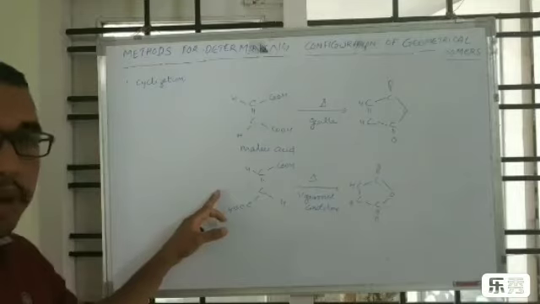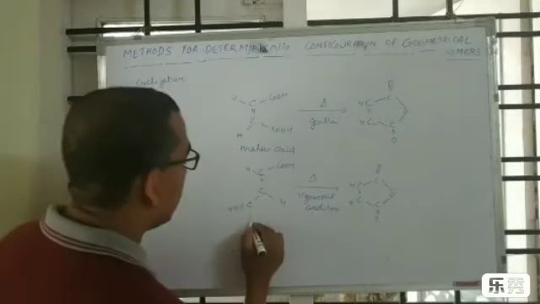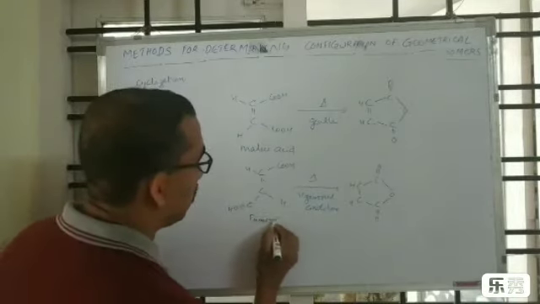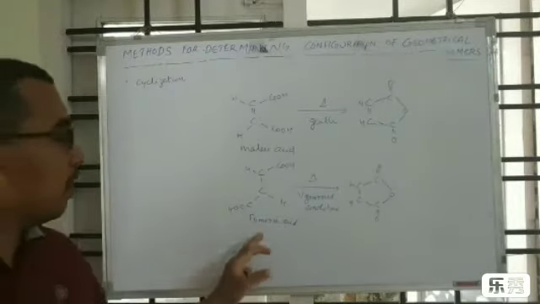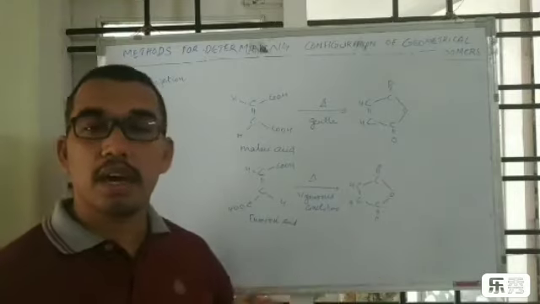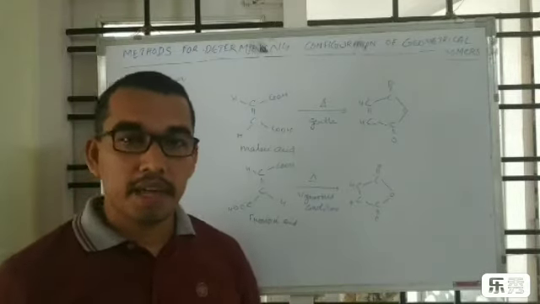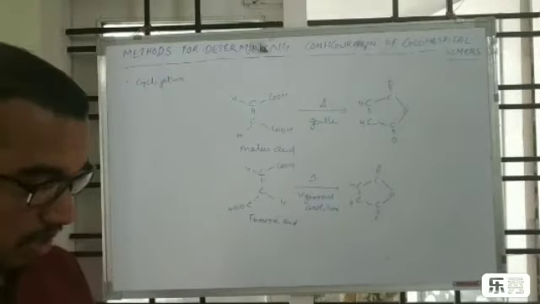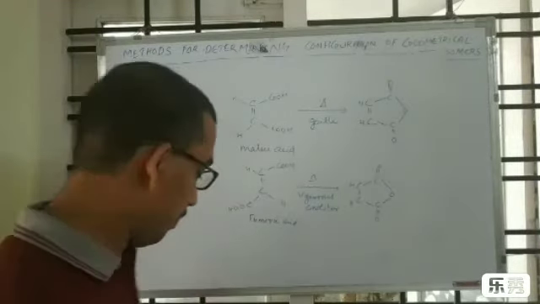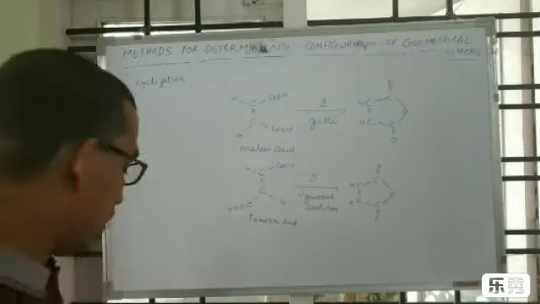But in the case of fumaric acid, vigorous conditions are required to convert fumaric acid into its anhydride. So by that difference we can determine the configuration of some geometrical isomers. That is the first method.